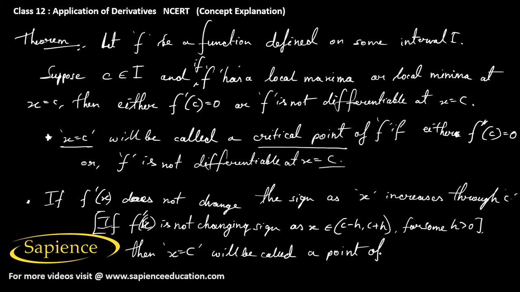Since when f dash x is not changing sign in some interval which contains the number c, then x equal to c will be neither local maxima nor local minima.